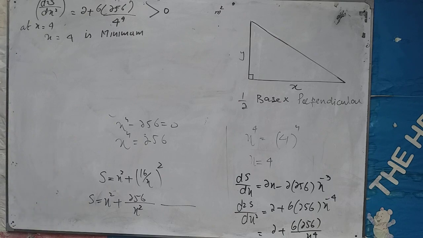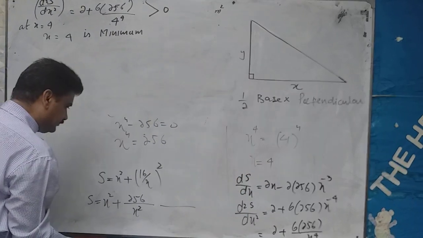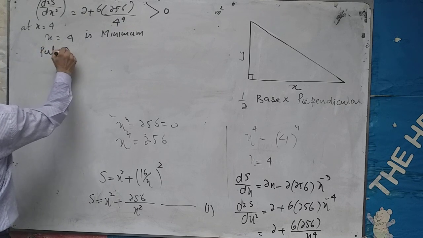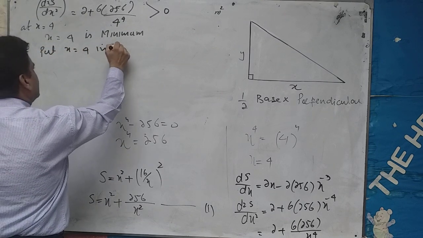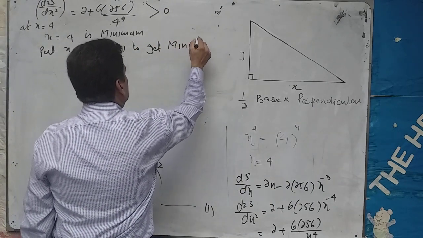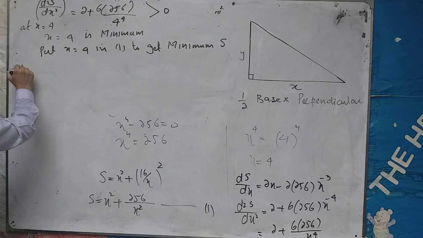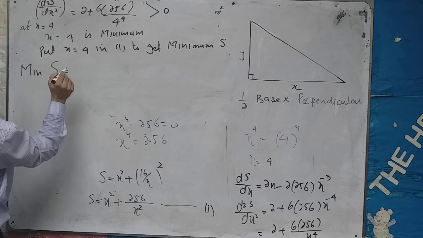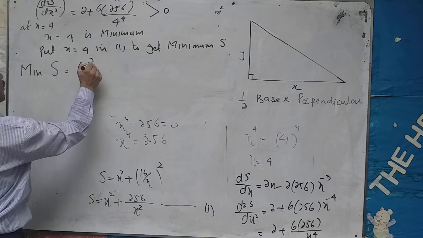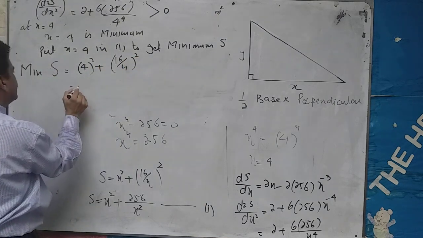To find minimum S, we put the value of x equal to 4 in equation 1 to get the minimum value of S. Minimum S will be equal to x square, meaning 4 square, plus 16 by 4 whole square.